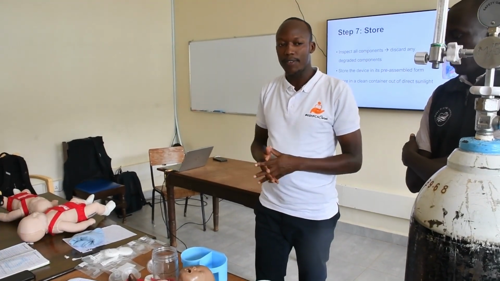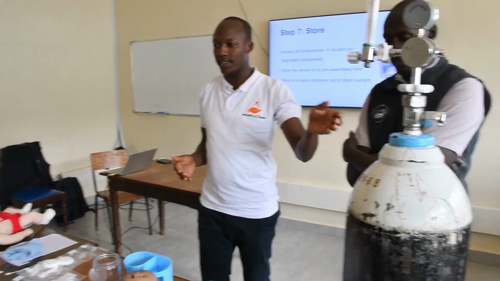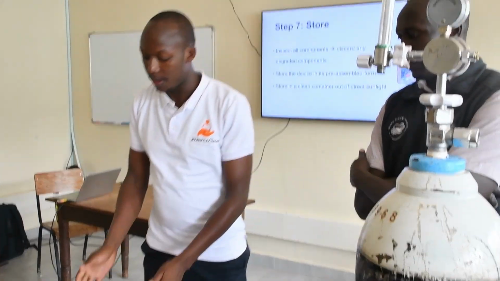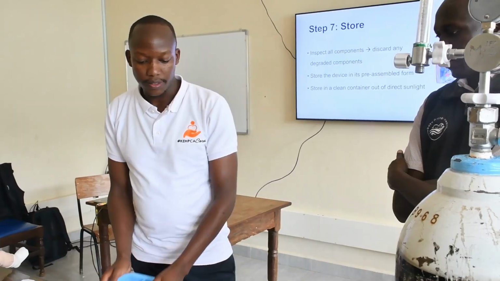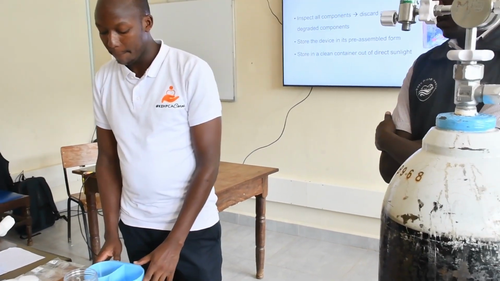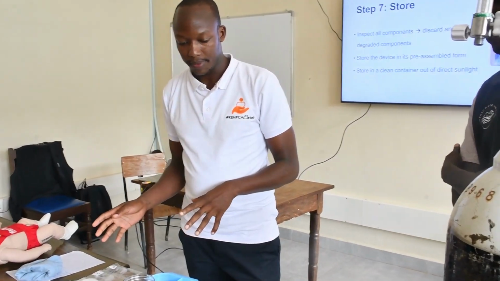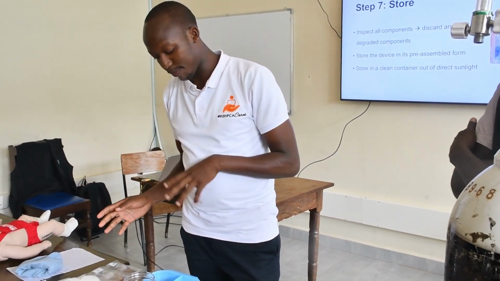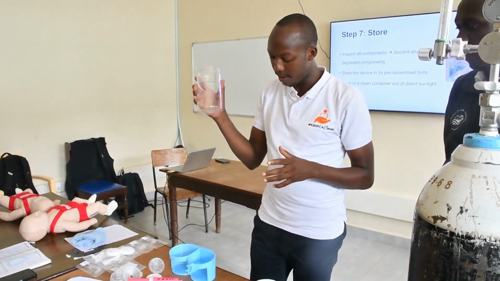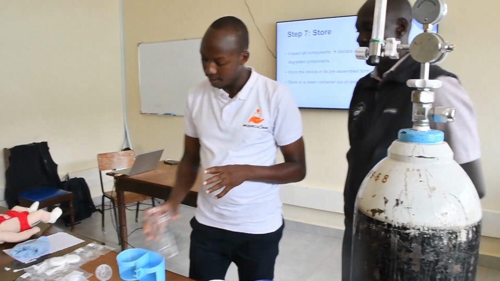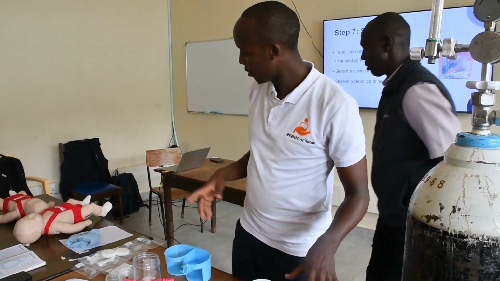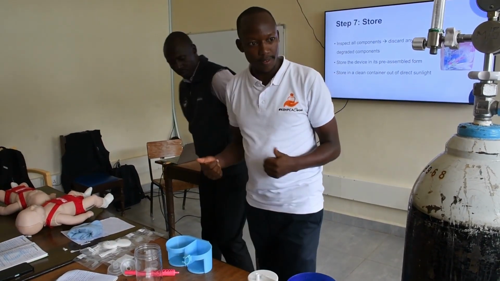We assemble from our source of oxygen. We have the cylinder here. So the equipment we are going to connect is this bio-piper, the bubble CPAP. So we'll start assembling our equipment, right? We'll ensure that we have all with the tubing.